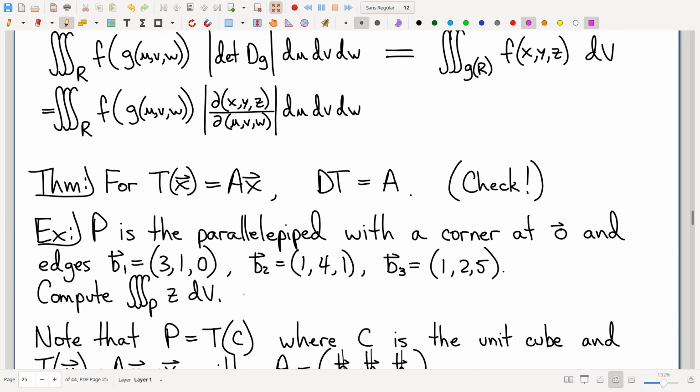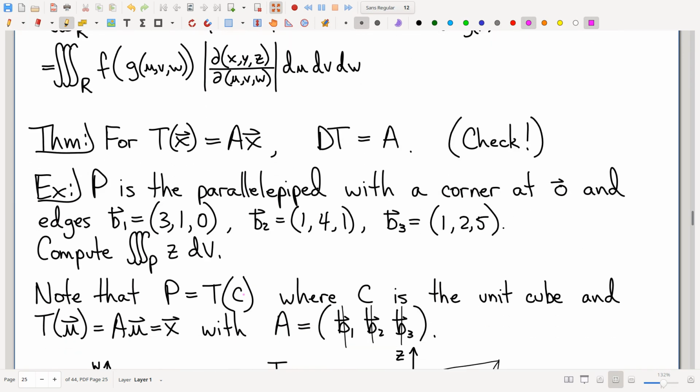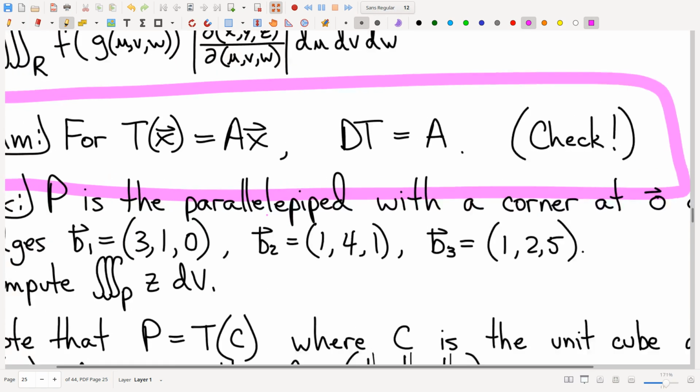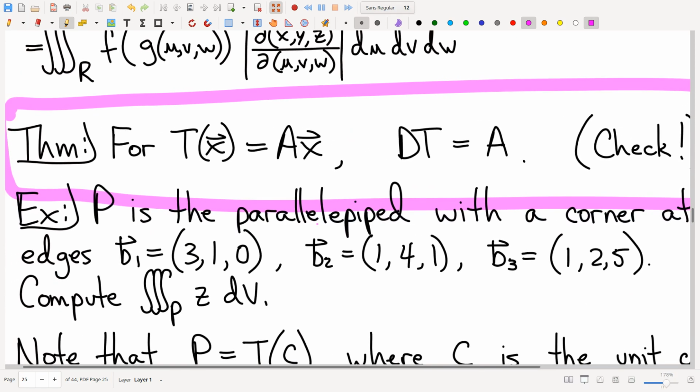Here's a cool fact that is preliminary to the example we're just about to do. So let's just get this established first. It's a nice little fact. In fact, we've noticed this already in a previous example.